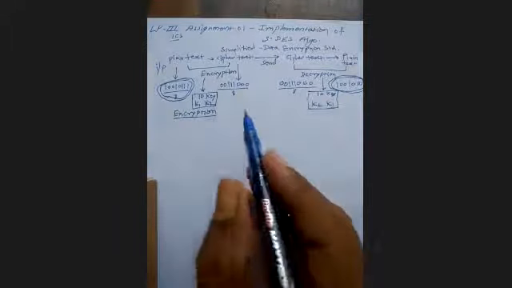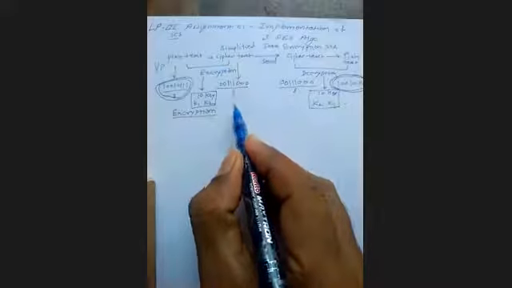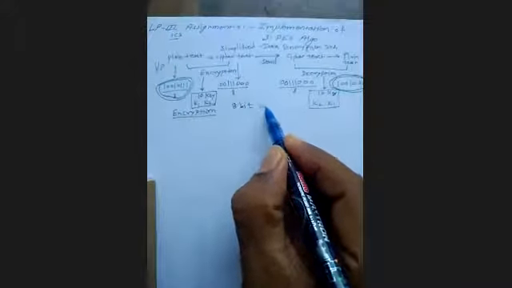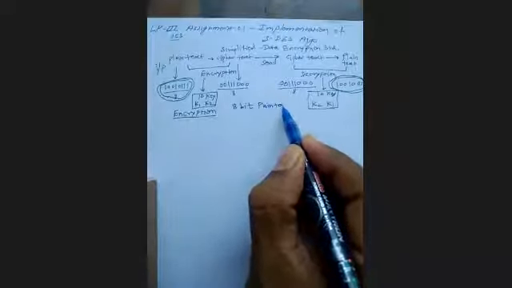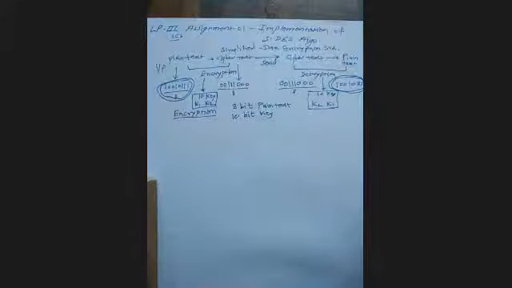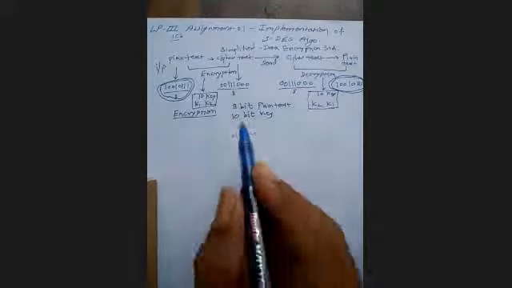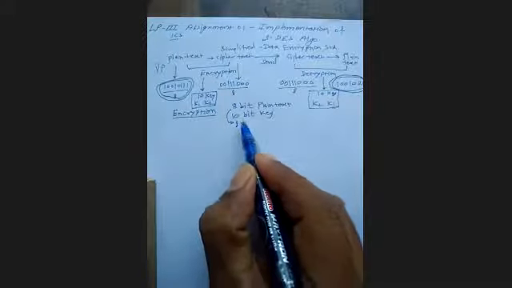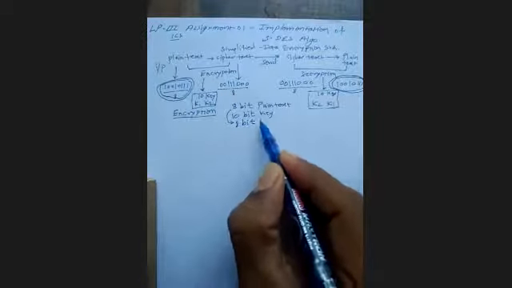I have already told you: take the 8-bit plain text, and then use the 10-bit key. The key I have already explained, that is how you can find K1 and K2. Now this 8-bit you have to convert after applying the key, so this 8-bit becomes a ciphertext.